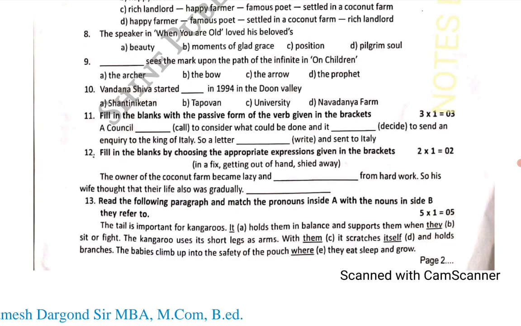So it seems like past possibility, could be done, showing past possibility. Yes or no? Also in the second line you can see, a letter dash and sent to Italy. See, this is past tense. So the entire paragraph is in past tense, and this story is in past tense. Then you have to add past tense helping verbs.